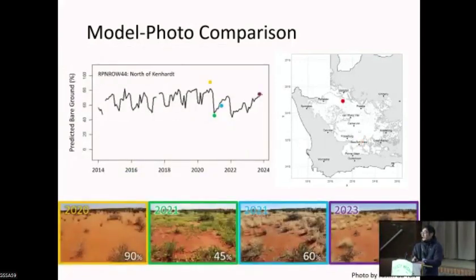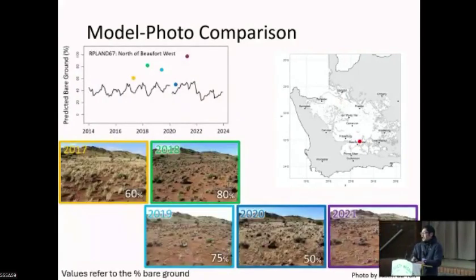In some other areas, this example in Bushman's Land looks more accurate and can capture all the recovery after the drought. But unfortunately, there are some places where it has poor performance, like this one, where my model is saying much lower than it should be predicting.